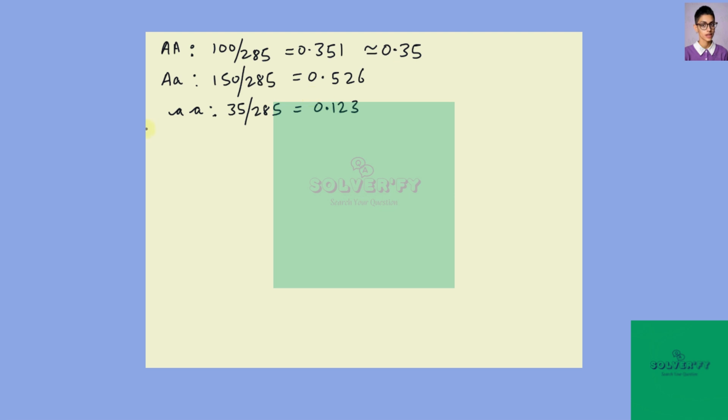We can calculate the initial frequency of capital A allele, small p, by adding half of the Aa genotype frequency to the AA genotype frequency.